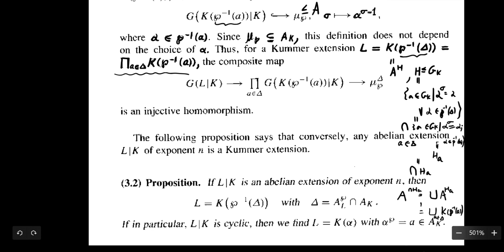Here it is written as product. Why do we write product here? Because we have to remember the meaning of this notation. Let's come back there.